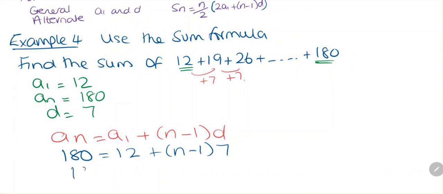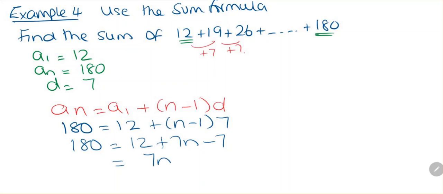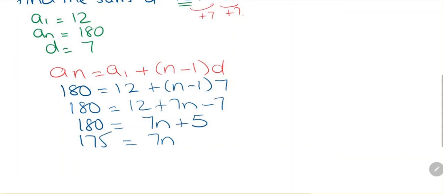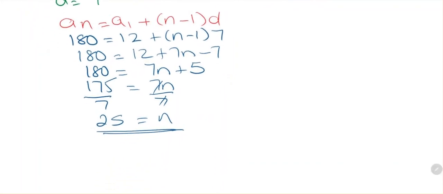Rearranging, we have 12 plus 7n minus 7, so this is 7n plus 5. I'm going to subtract 5 from both sides, which leaves 7n equals 175, and if I divide by 7, n is 25.